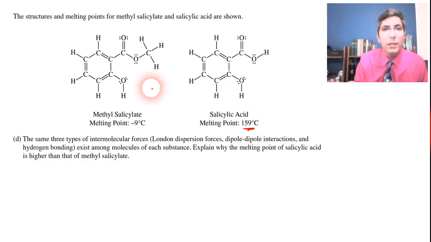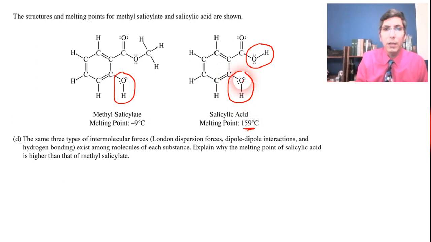Well, as I look at these, I see that there are two OH bonds on the salicylic acid. We have a hydroxyl group right there, and one right over here, or the OH, the OH I should say, and there's only one over here.